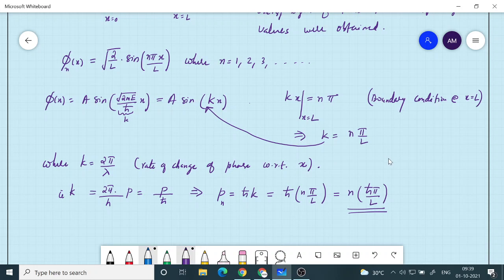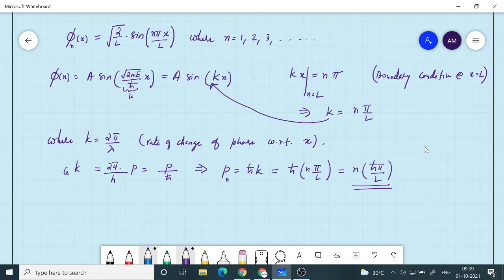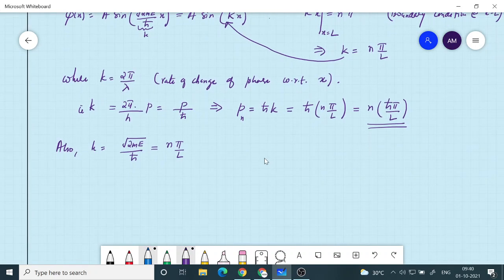Similarly, we had energy. So you take the original definition also, k is equal to square root of 2mE by h cut, and so that should be equal to n pi by L. So by squaring this, that will give 2mE by h cut square is equal to n square pi square by L square, or you can say En.